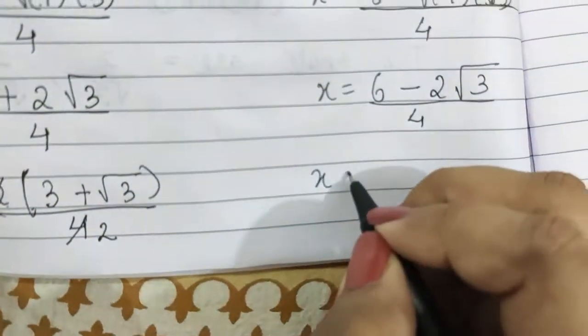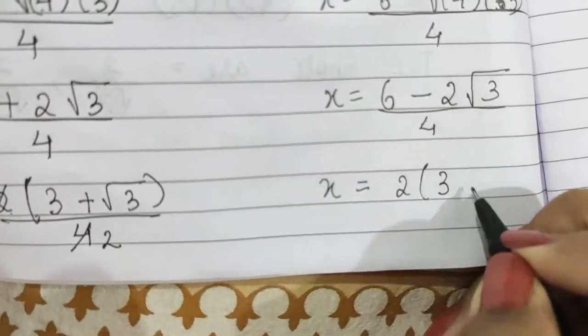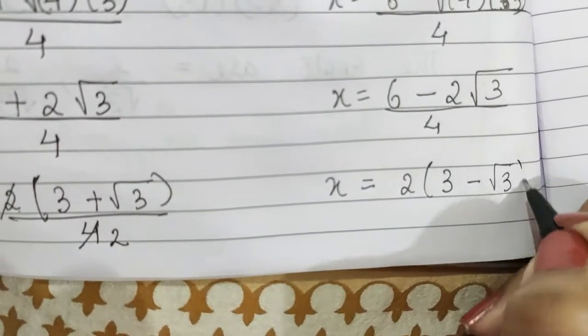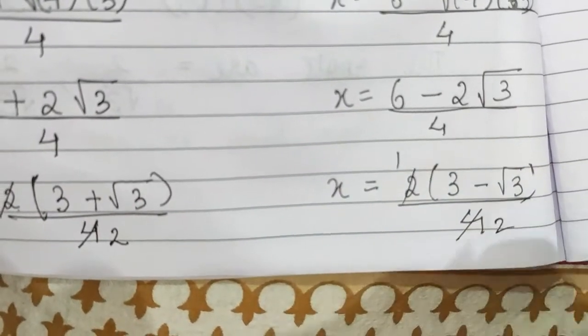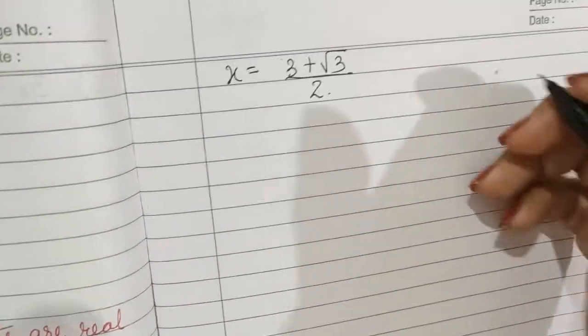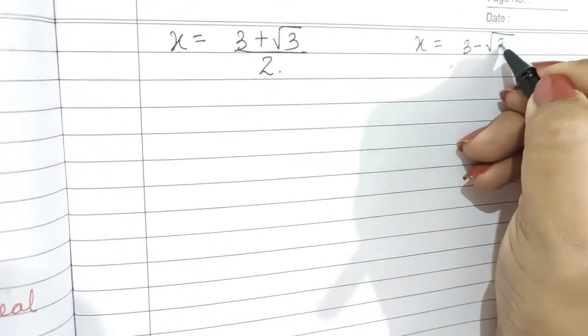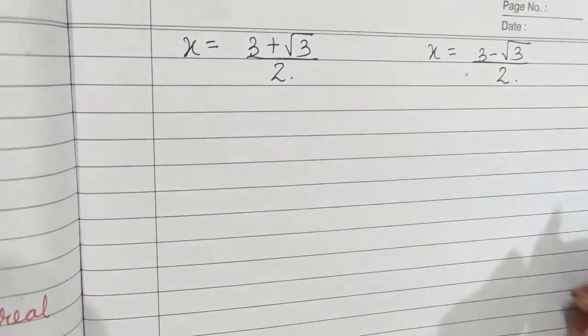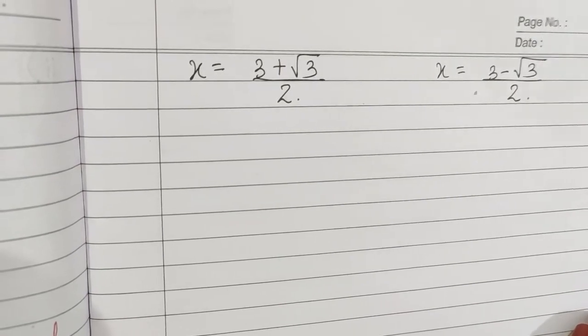Same way we are going to do it over here. We will take out 2 common. So we are left with 3 minus root 3 whole upon 4. This 2 1s are 2 and 2 2s are 4 will be simplified. What we will get? We will get x equals to 3 minus root 3 by 2. This completes your question 1 of exercise 4.4.